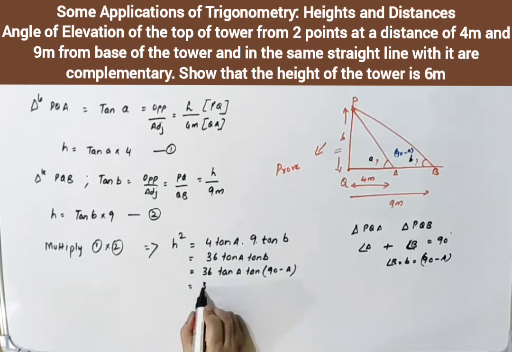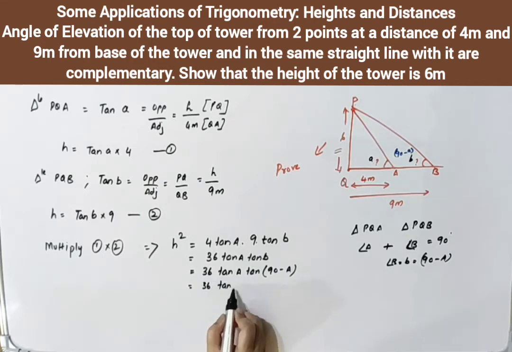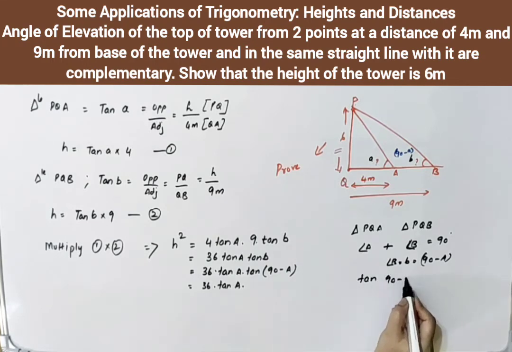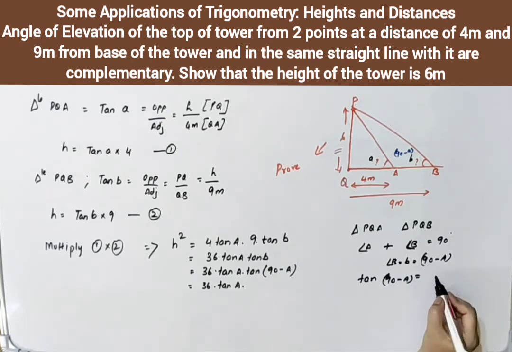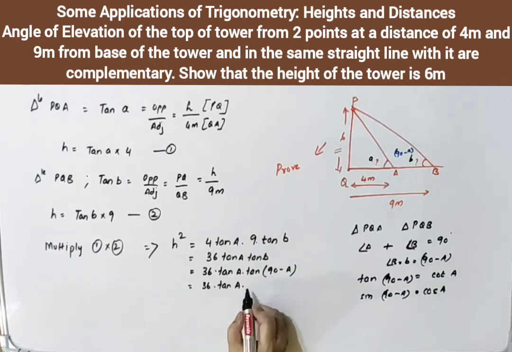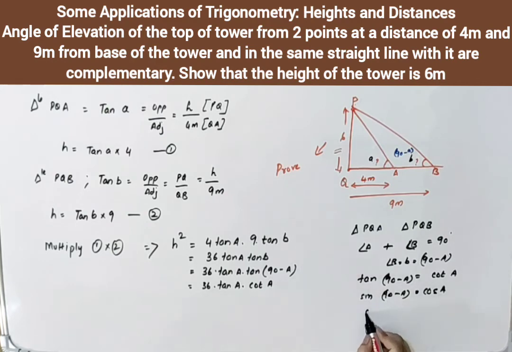So this will be 36 tan A into tan 90 minus A. What is tan 90 minus A? It is cot A. Similarly, if it was sin 90 minus A, it would be cos A. So this is going to be cot A. Now what is cot A?